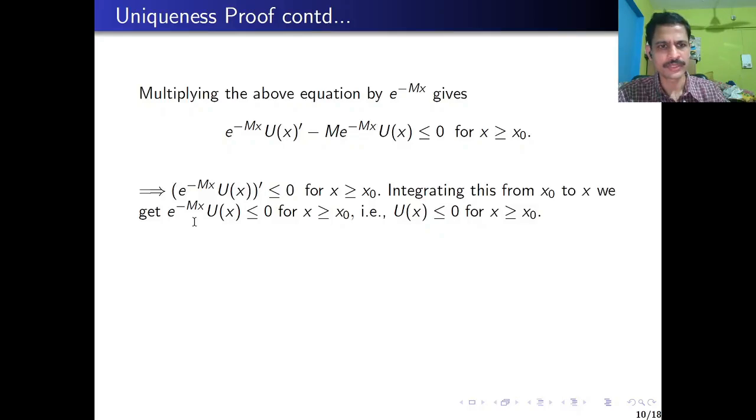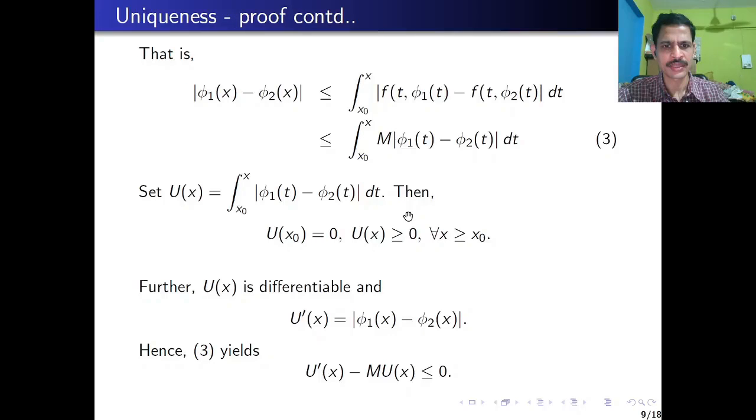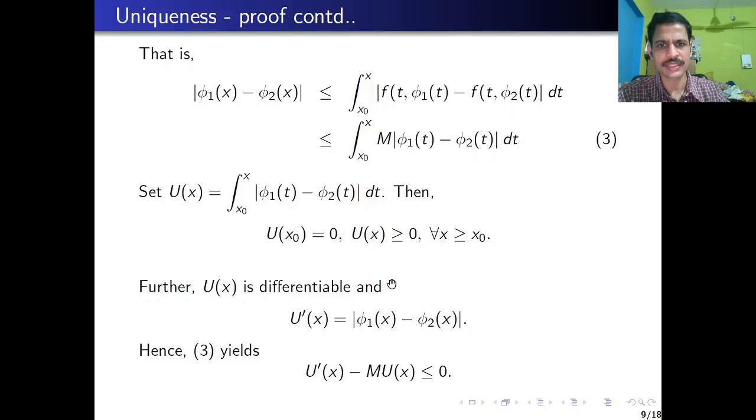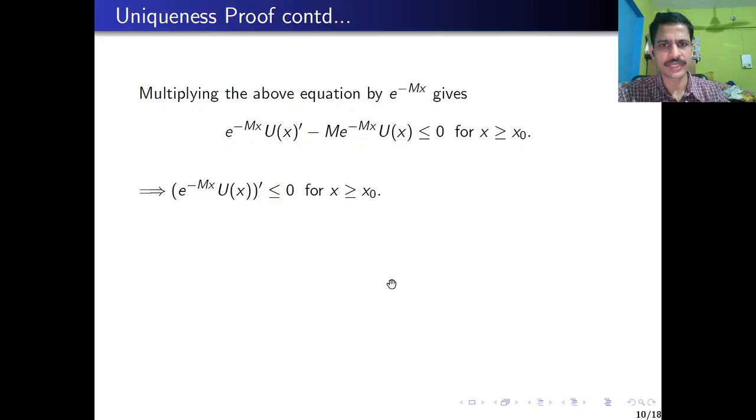And we know that the exponential e raised to minus mx is a positive quantity. So from this we conclude that ux is less than or equal to 0 for all x greater than or equal to x naught. But we also know that ux is a positive quantity.